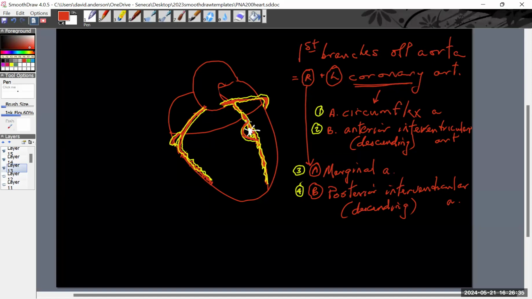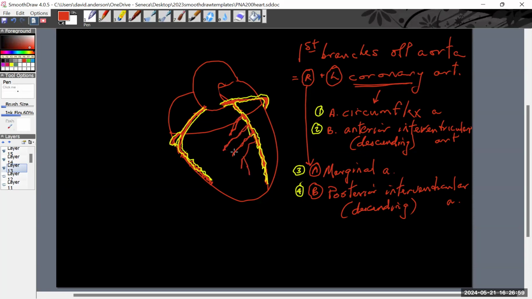So the younger your heart, the more typical this is the arrangement. The older that your heart gets, then the more what we call a collateral circulation develops. In other words, what happens as we get older is that this vessel starts to give off branches.